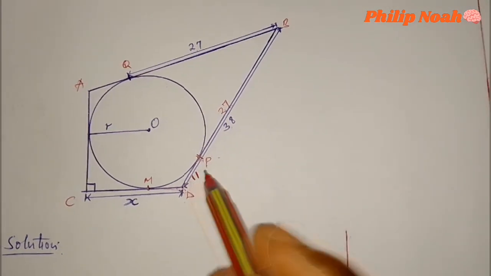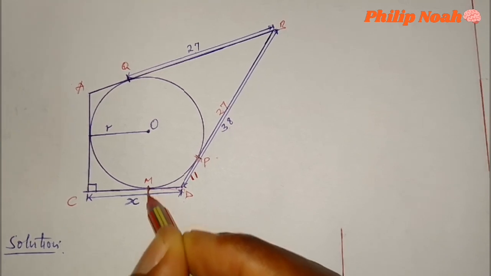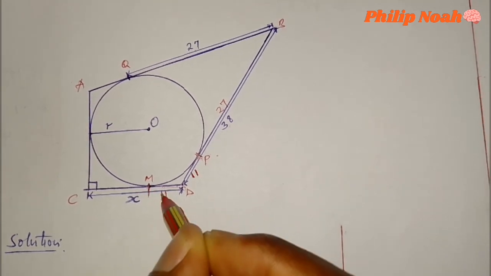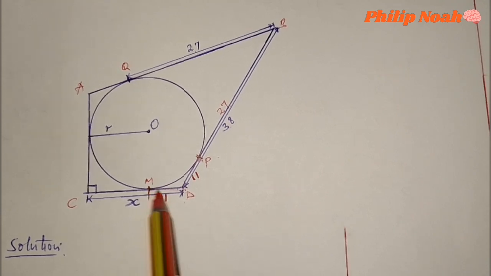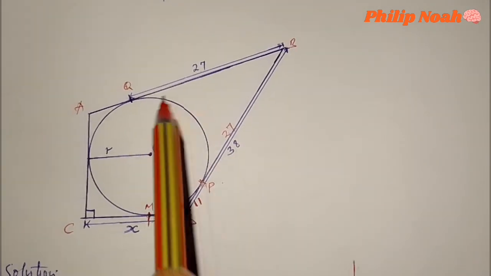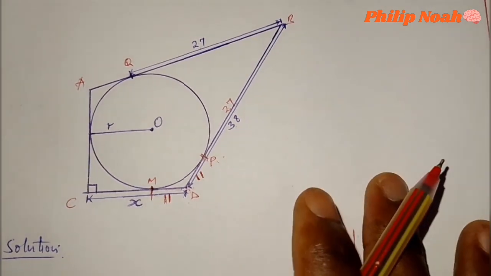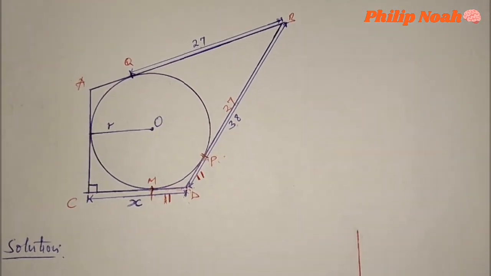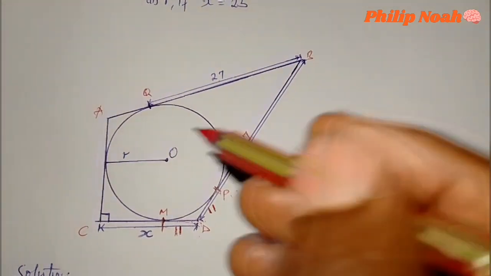So if here is 11, here is also 11, since they are congruent. MD and PD are congruent, just as QB and PB are congruent to each other.